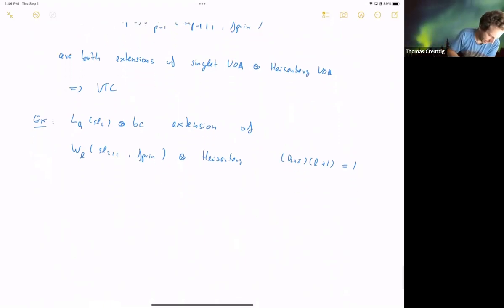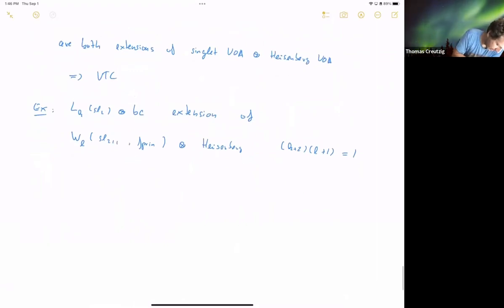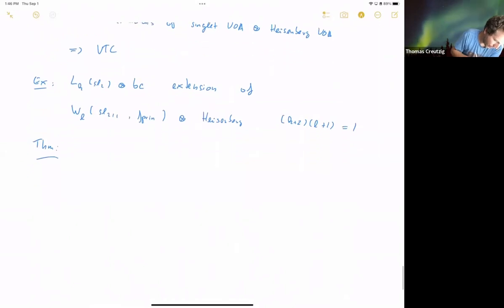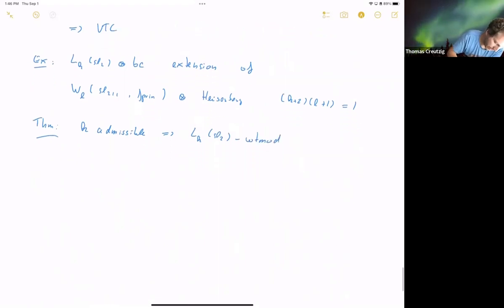And now there are two papers coming, which are really the ones I wanted. So the first one is the following. It says that if K is admissible, then it follows that the category of finitely generated weight modules is of finite length.